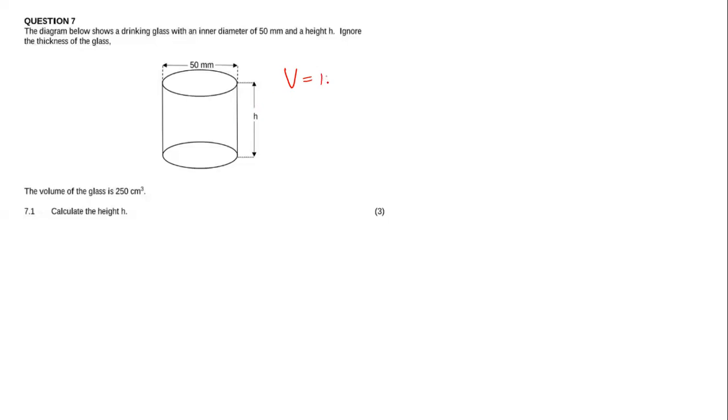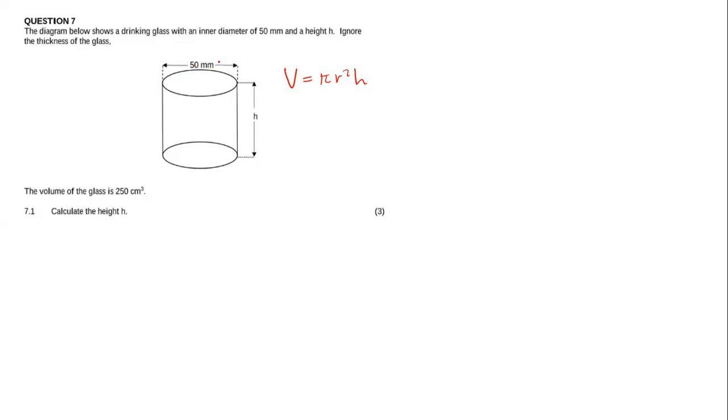So V is equal to pi r squared multiplied by h. This is the formula that we use to calculate the volume of a cylinder. The glass is cylindrical in shape, and that's very important. We want to calculate height, and this formula has height, which is what we want. It has radius, but here we are not provided with the radius.